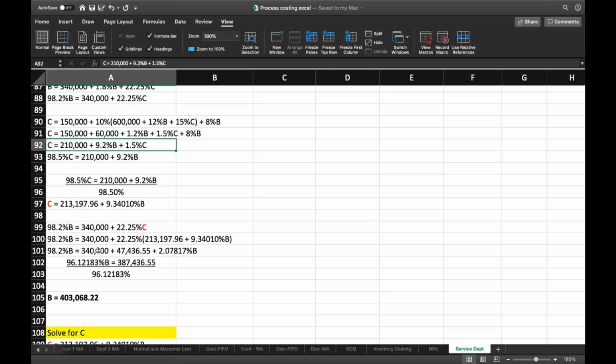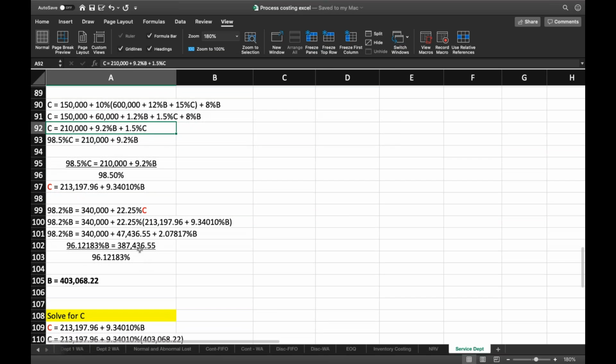So combine again, 340,000 plus 47,000, that's 387,000, and then 2.078% B, transpose to the other side, so we have to deduct this one. So the answer would be 96.12183% B is equal to 387,436.55.